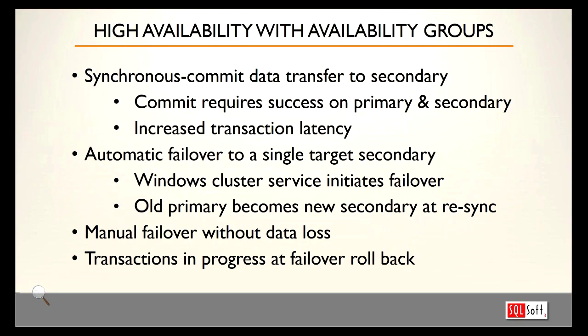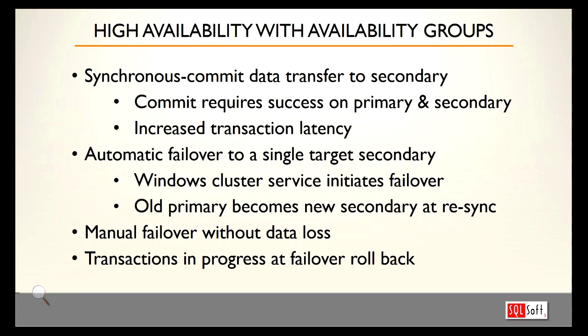When you fail over, you can designate one of these synchronous write secondaries, and only one, as an automatic failover target. The Windows Cluster Service keeps an eye on all of the server nodes in the cluster, and monitors the health of the primary. When it detects that the primary is no longer available according to the rules that you set up for monitoring the health of the cluster, it will initiate an automatic failover if that's how you have your availability group set up.